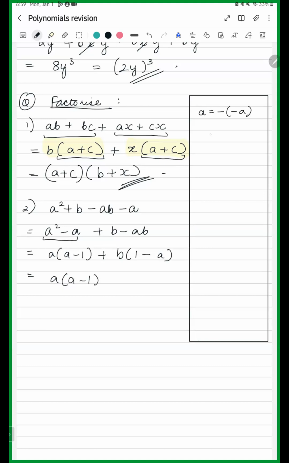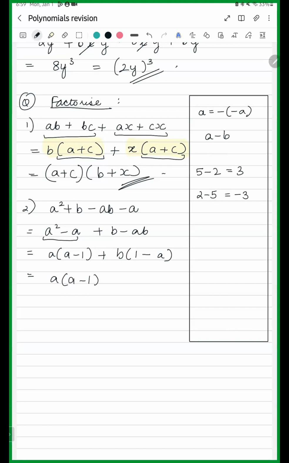Similarly, if you have A minus B, the negative of A minus B is always B minus A. Why? If you write 5 minus 2, it is 3. But if you write 2 minus 5, just swapping these two places, it's going to be negative 3.